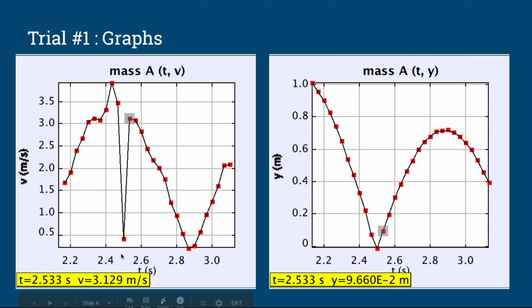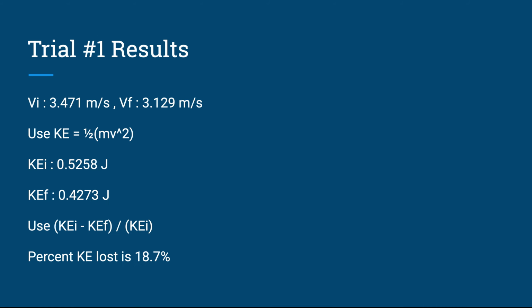The collision of the ball is at 2.5 seconds with the ground, and this is our area of interest, specifically before and after. So we found the initial velocity and final velocity of the ball for this trial to find how much KE is lost.